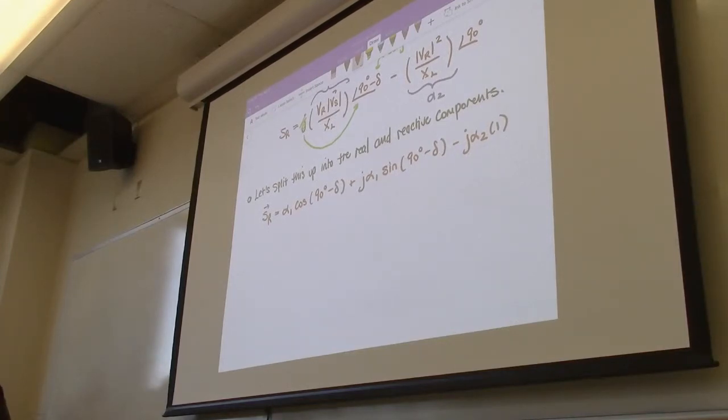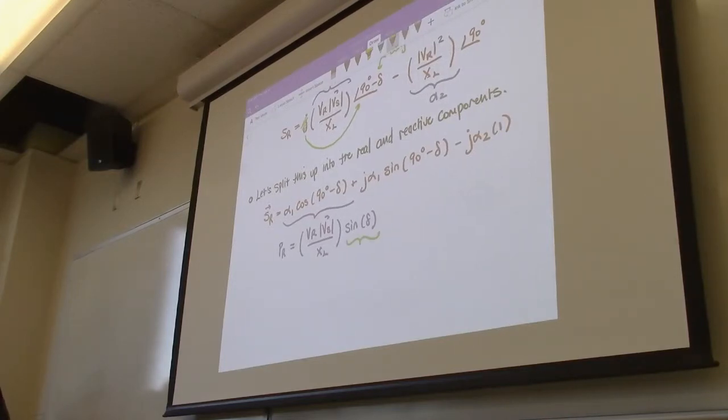Okay, so extracting these pieces, this is the real piece right here. So PR will be equal to VR Vs magnitude over XL times sine of delta, which is the same as cosine of 90 minus delta, just using our good old trig identities again.